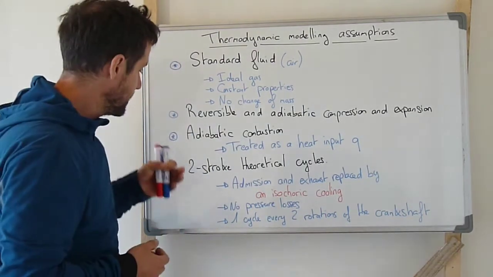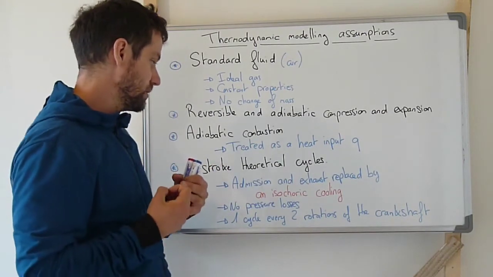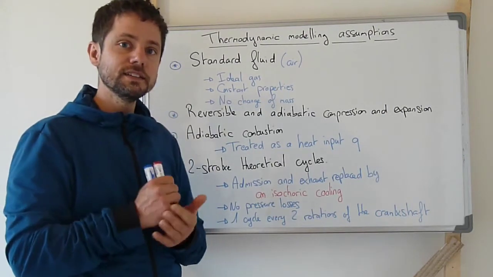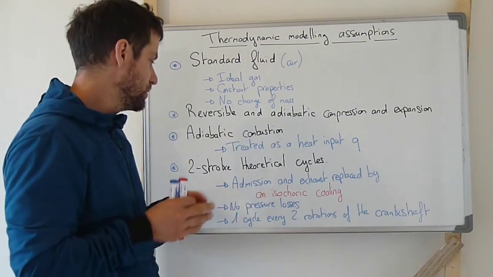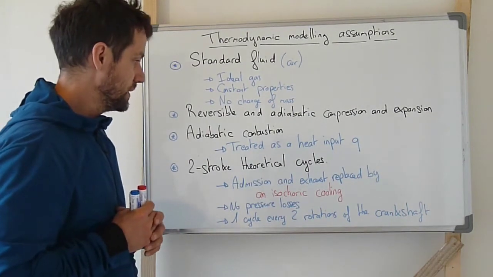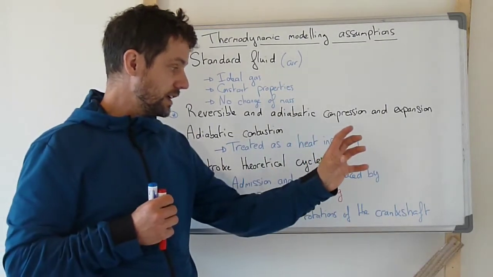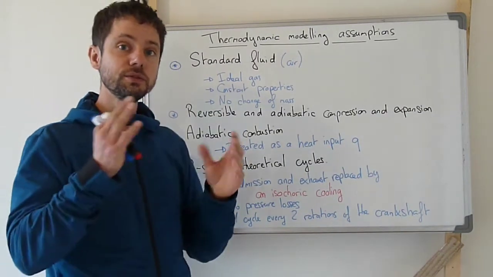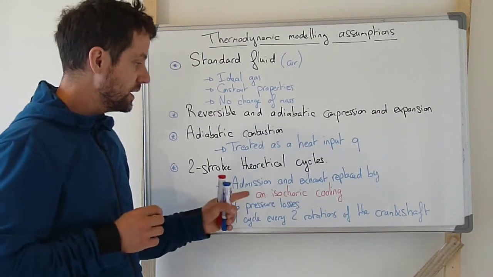Then, maybe the most complicated assumption to understand is that the four-stroke engine will be described thanks to two-stroke theoretical cycles. In fact, the admission and exhaust strokes will be completely replaced by an imaginary transformation, which is an isochoric cooling.